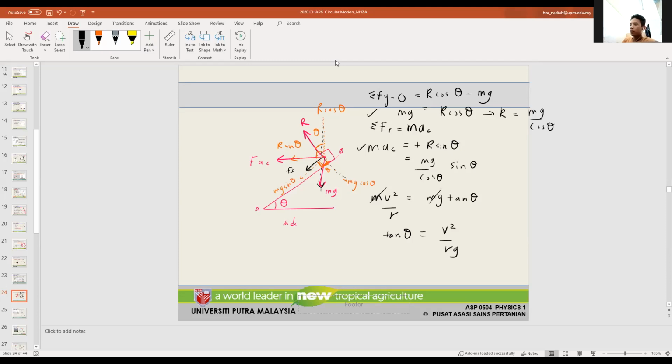Your static friction will always oppose the motion. It will always be on the surface. Friction force is always on the surface, so it's not in the same direction as your FAC. It's this way, so you need to know what the angle is here, and then resolve your Fs in the FAC direction. So if there is Fs, it becomes Fs cosine theta, static friction. So this becomes positive Fs cosine theta. So it's more complicated.